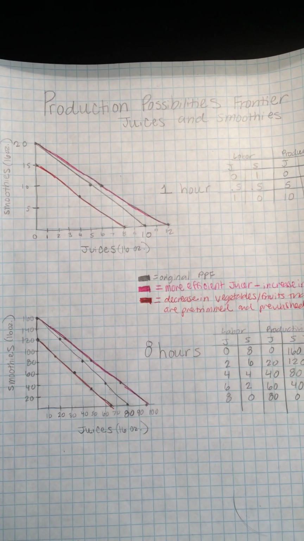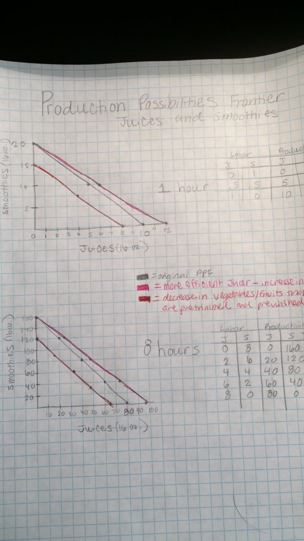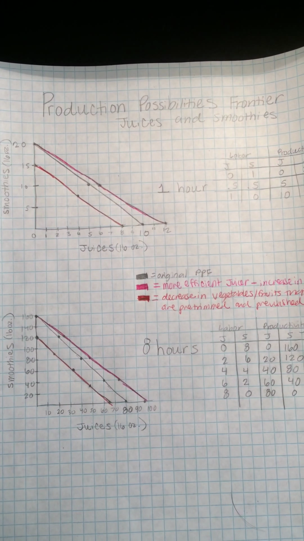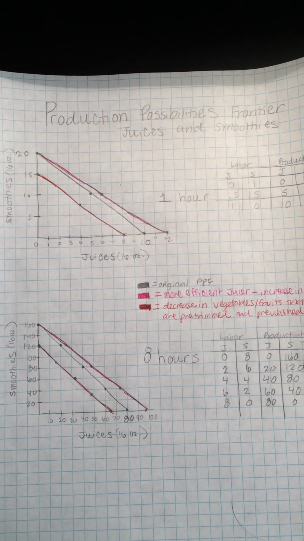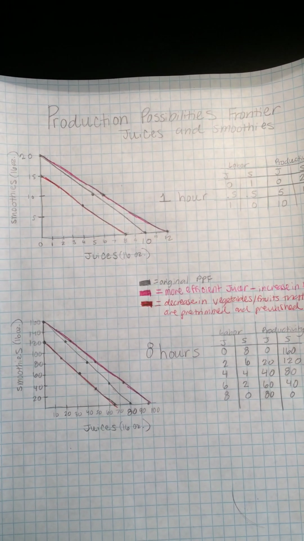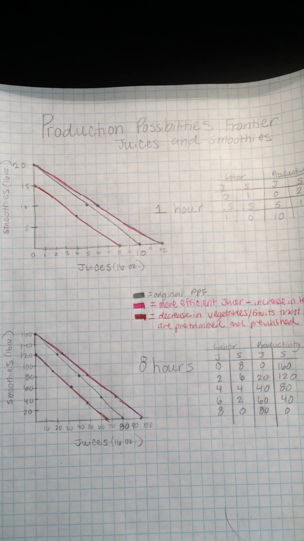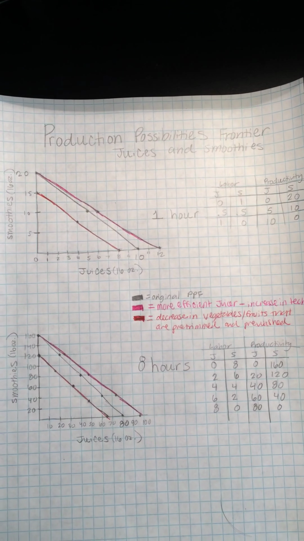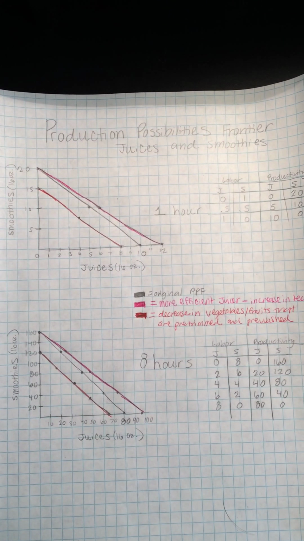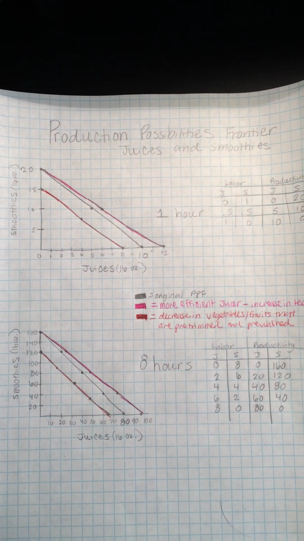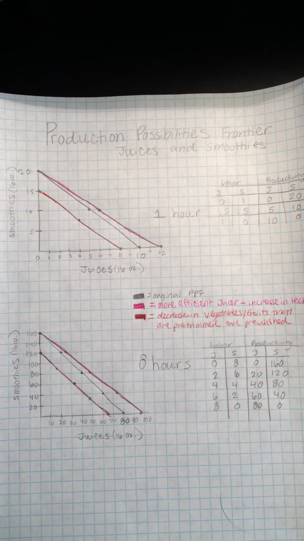So the technology change that I decided for one of my products was a more efficient juicer that came out on the market. So to reflect this change in technology and the more efficient juicer, I modified my production possibilities frontier to show that.